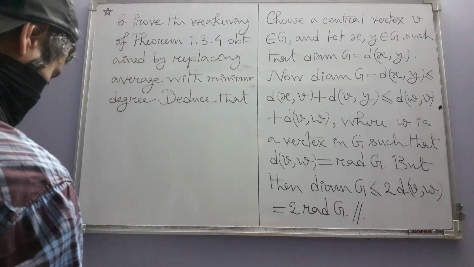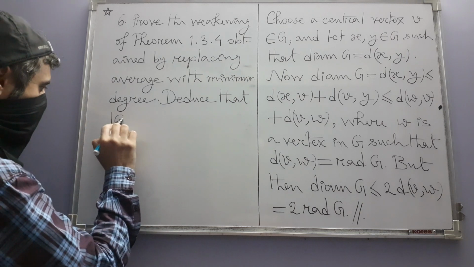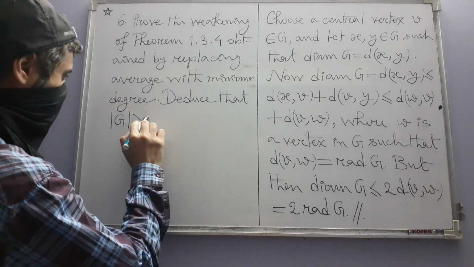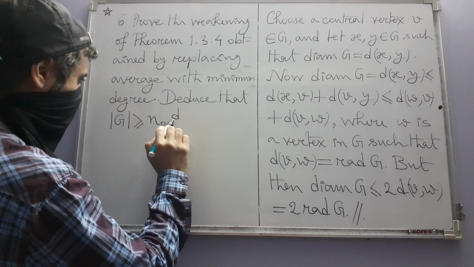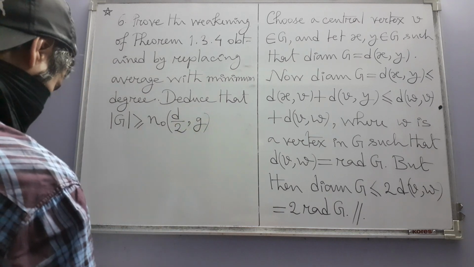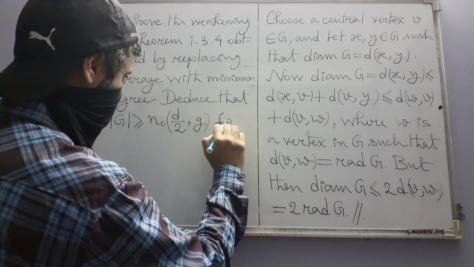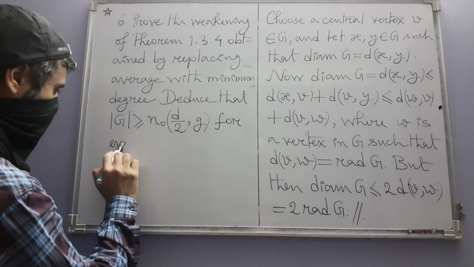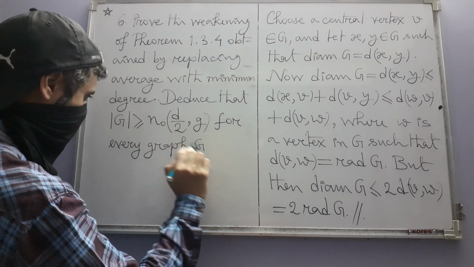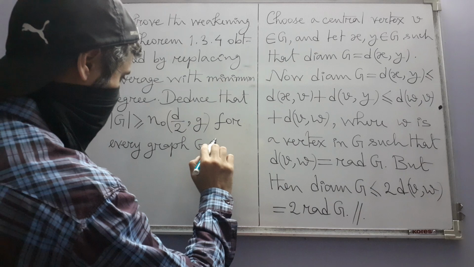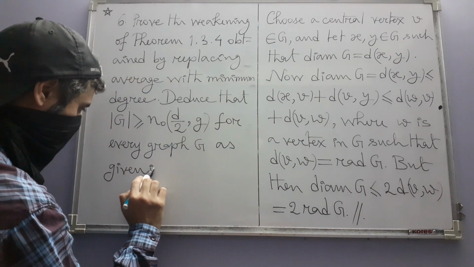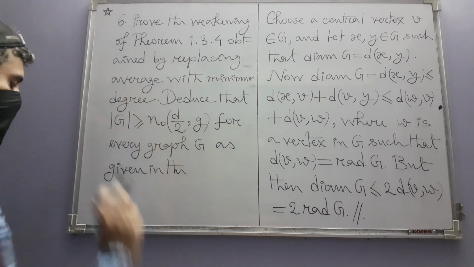Deduce that the order of G is greater than or equal to this quantity for every graph G as given in that theorem.